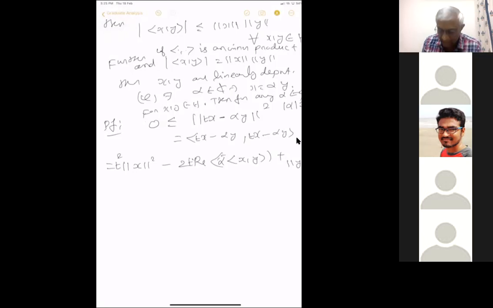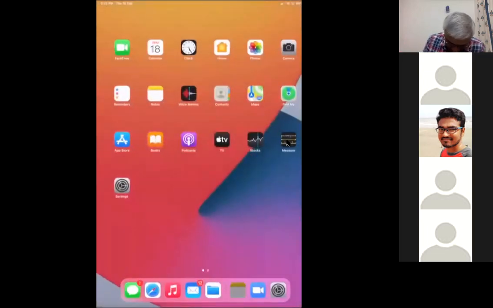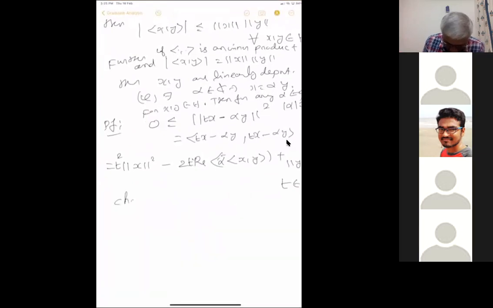So for any real t, and any complex number alpha with mod alpha equal to 1, this is true. Further, choose alpha such that alpha bar <x, y> equals mod of <x, y>. This is possible, of course, right? <x, y> is an inner product, a complex number. You can choose some complex number to make it equal to its modulus.